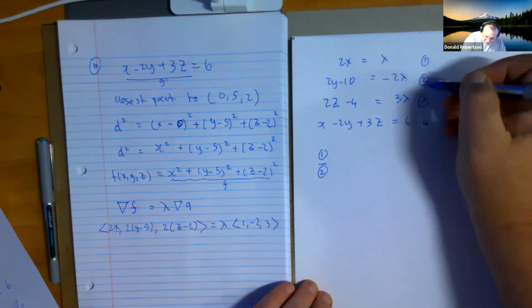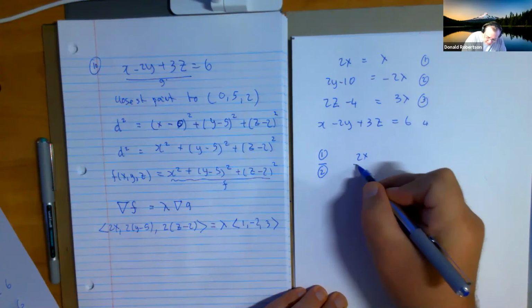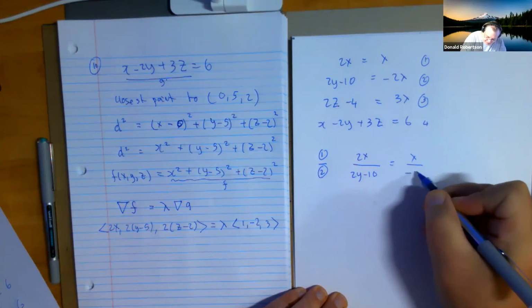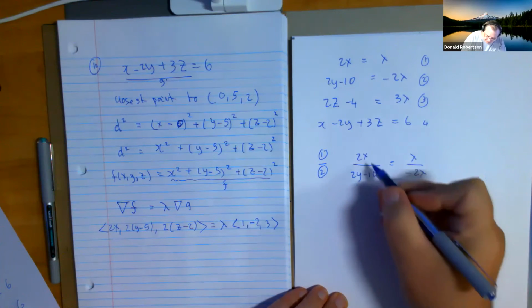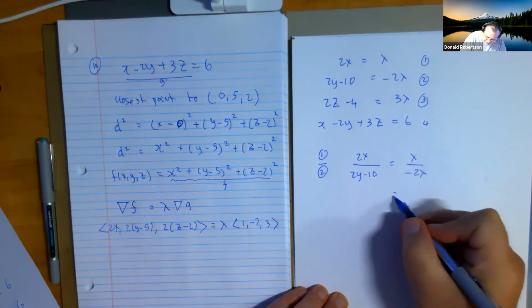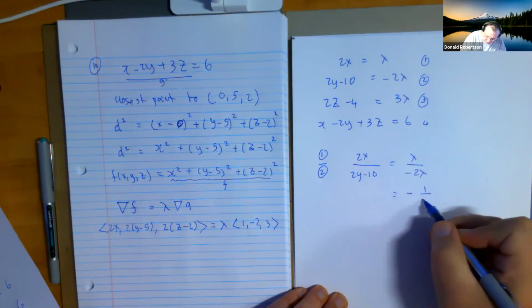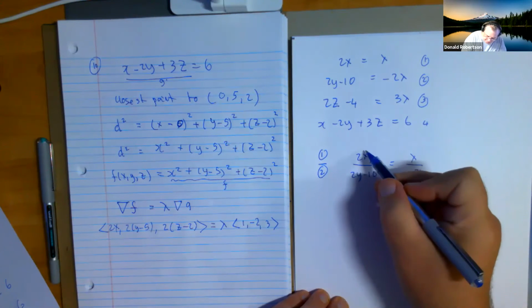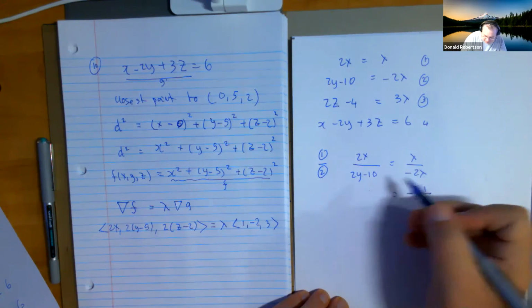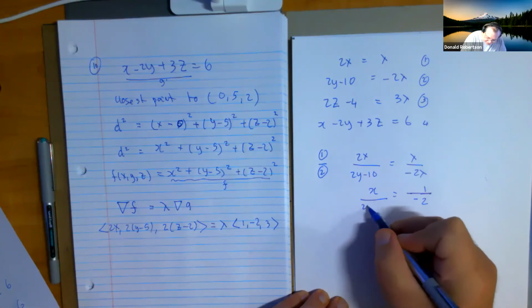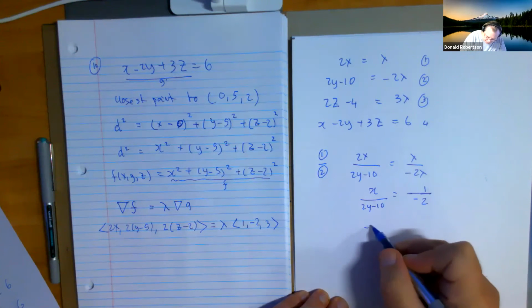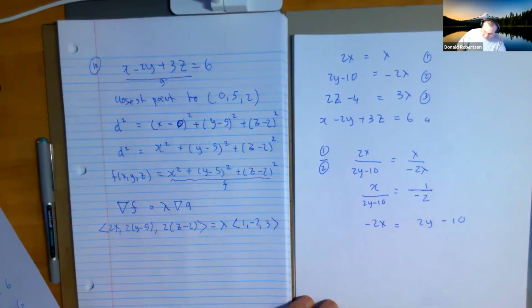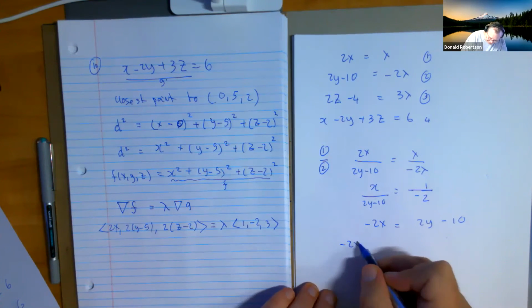Now, if you take equation 1 and divide it by equation 2, you get this fella is equal to this fella. If you cancel this side, basically, what do you get? You get -1/2. If you want, you get that guy. Yeah, 2 ways of doing this. I'll write it this way. Cross multiply. You get that.